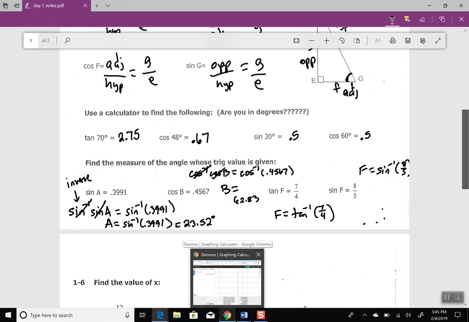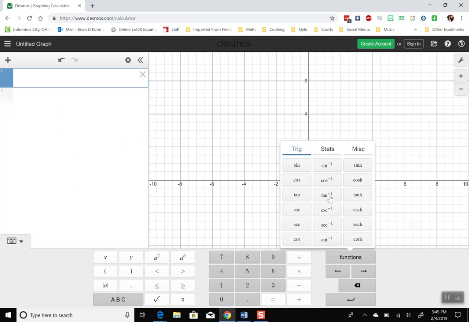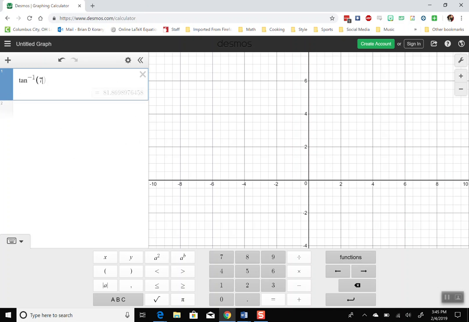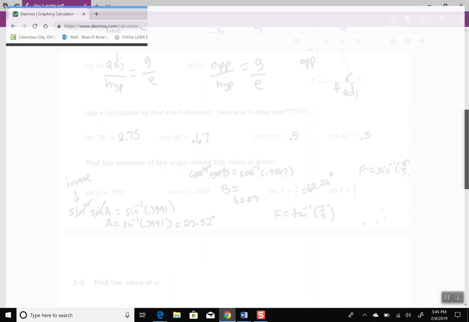So inverse tangent of 7/4 is 62.26 degrees.